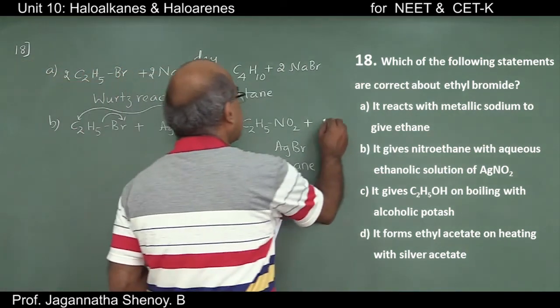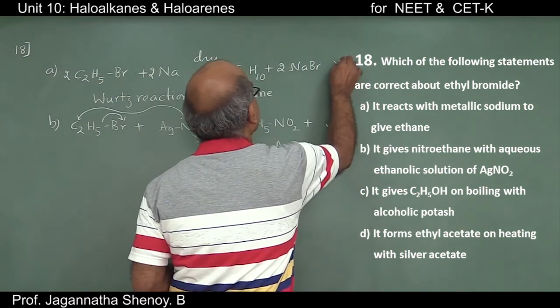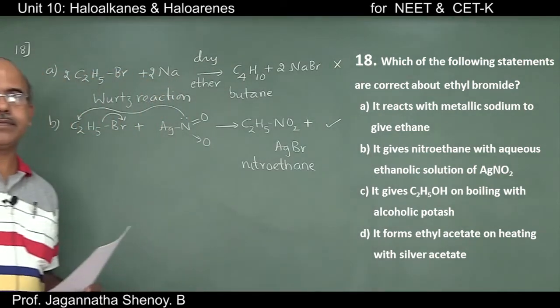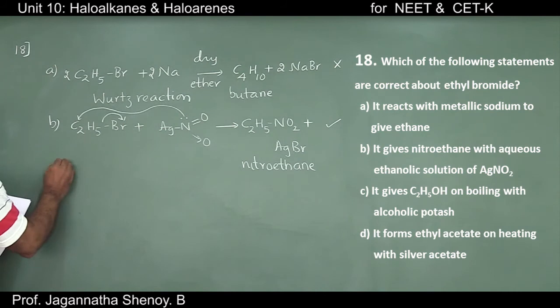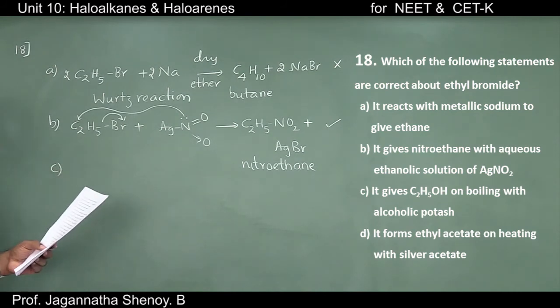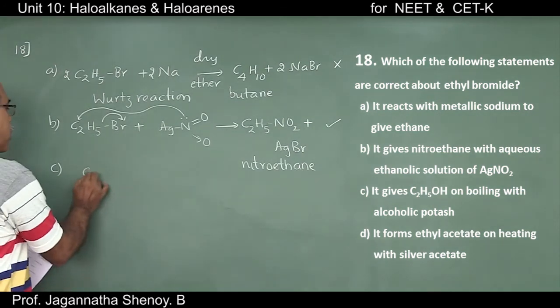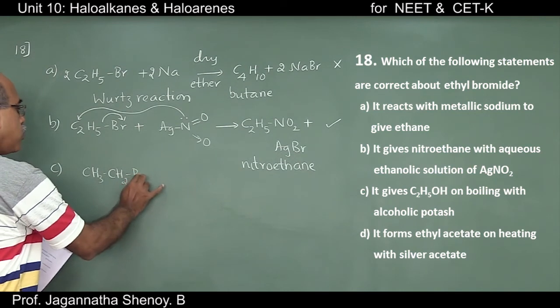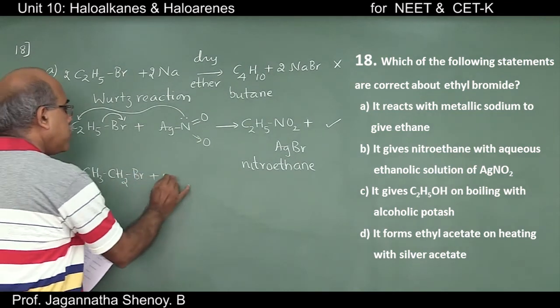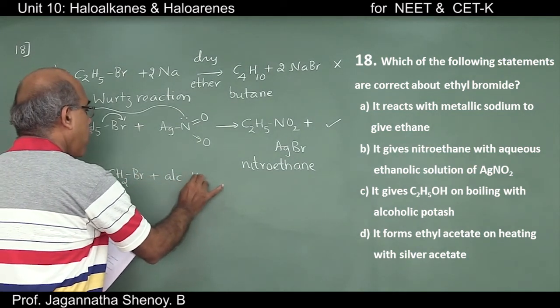So this statement is right, the first statement is wrong. I'll move over to option C. It gives ethanol on boiling with alcoholic potash. When I say ethyl bromide, CH3CH2Br, I'm going to heat it with alcoholic potash.